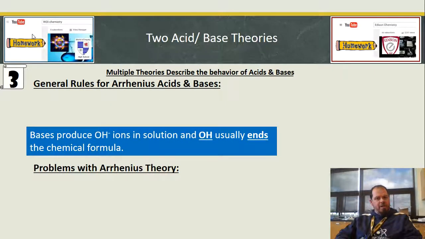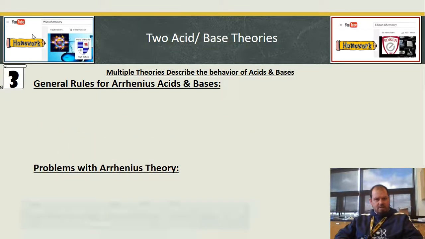Bases produce OH minus in solution, and OH usually ends the chemical formula. You'll see that there's only 4 bases you really need to know about on the common acids and bases table, which is I think L and M. So bases is Table M, which only has one that doesn't have OH. Most of them do have it directly in them, and that's why Arrhenius's theory works for most things.